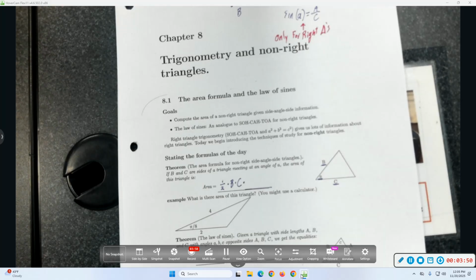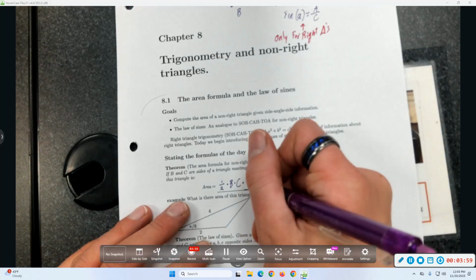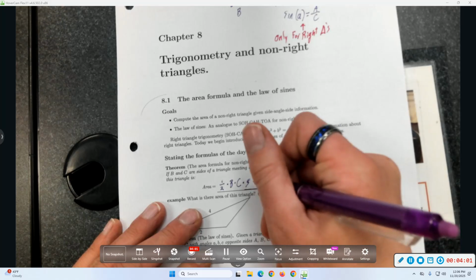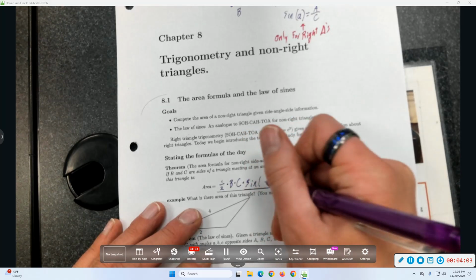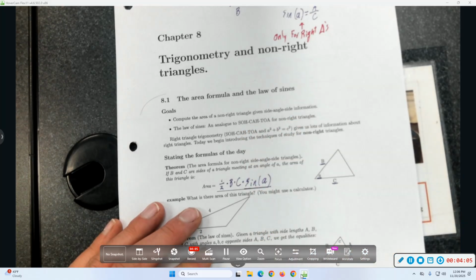If this angle A were a right angle, you would just have 1/2 BC. It's not a right angle, and so the thing that accounts for how far you are off is the sine of that angle.